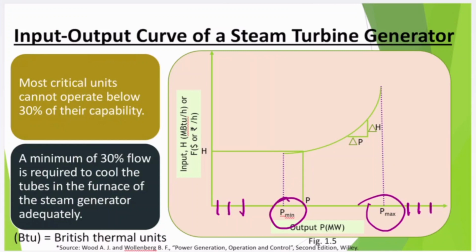Why those limits exist, we will understand when we look at the PQ characteristic of the power plant, because for any power plant, the rating is based on the MVA rating or the kVA rating. What is MVA rating? If you see a transformer or a generator, the ratings are not in megawatt or kilowatt.